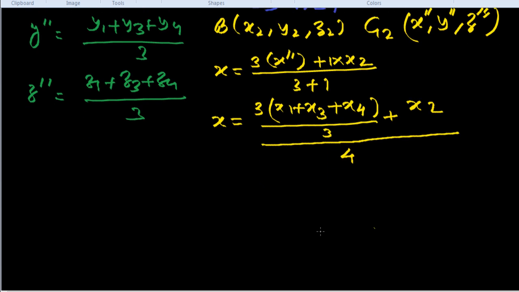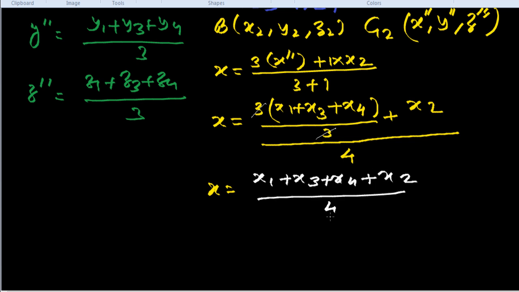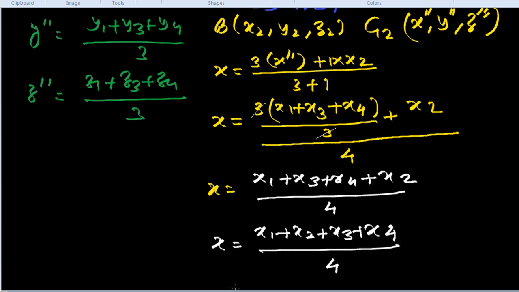So let us see what happens. Both 3s will eliminate each other, and arranging in the proper way we get (X1 + X3 + X4 + X2) over 4, that is X1 + X2 + X3 + X4 over 4.